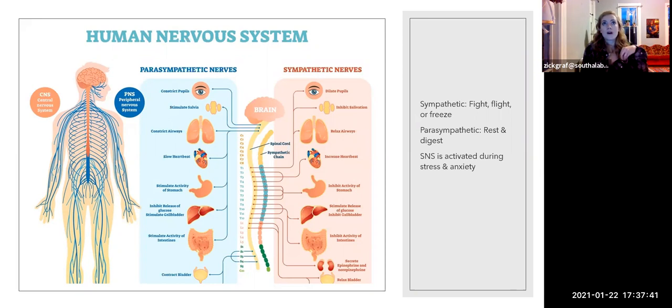It controls our airways and our heart rate when those things are regular and slow. The sympathetic nervous system controls our heart rate when our heart is racing and when our airways are relaxed so that we can breathe in more and get more blood, oxygenated blood to our limbs to fight or flee. So sympathetic, fight or flight, parasympathetic, rest and digest.